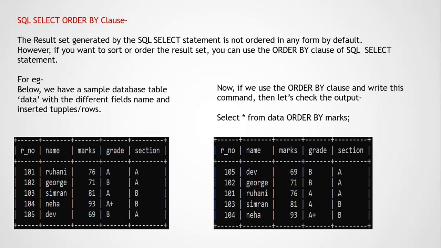You can see the marks are now arranged as 69, 71, 76, 81, and 93, which is an ascending order. Earlier the marks were not sorted, they were random according to the records inserted: 76, then 71, then 81, then 93, then 69.